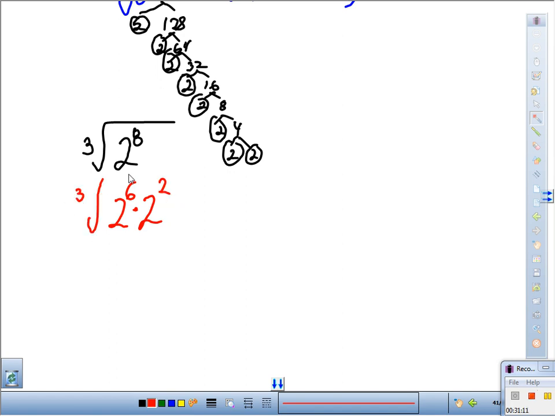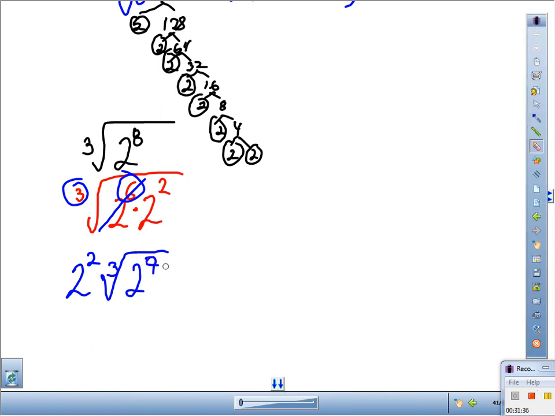The cube root. Now we do the division. What is 6 divided by 3? 2, so we're left with 2 to the 2nd. We no longer need this. What's left inside? That. So I write cube root of 2 to the second.